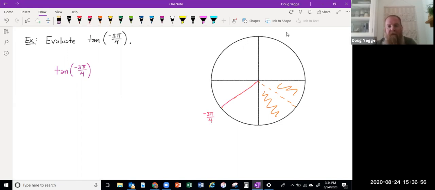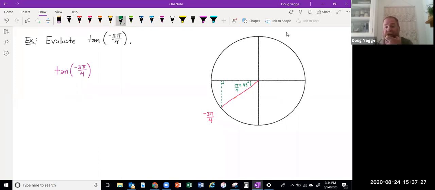So notice that I never had to actually convert it into degree measurement in order to find it. We're using the pattern in terms of breaking up pi into a certain number of parts. Now, if I drop this to the x-axis to form a reference triangle, since it's halfway into the quadrant, I should realize that this is a 45-degree angle, in other words, a pi over 4 angle.